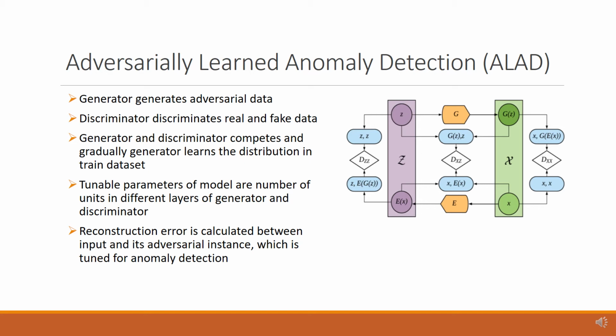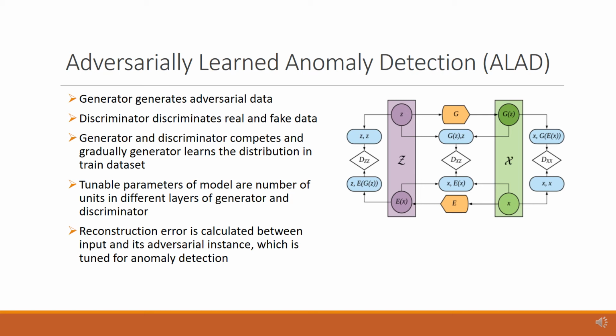So generator basically tries to fool the discriminator because it wants to generate real data, and the task of the discriminator is to distinguish between real and fake. So there is basically competition between generator and discriminator. With that competition, both generator and discriminator learns basically its desired task. Generator learns the data distribution.